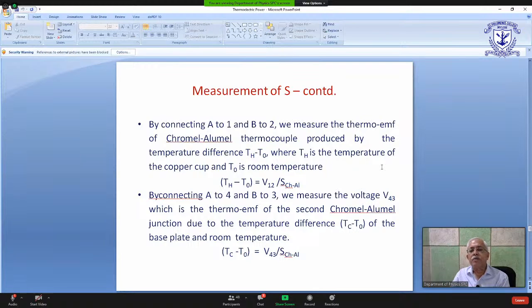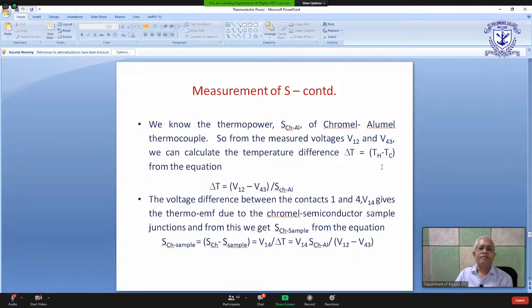It is not room temperature. Okay, so between the temperature of this copper block and the room temperature, you have a temperature difference, which is given by the equation Tc minus T0 is equal to V43, the potential difference measured for the second junction, divided by the Seebeck coefficient for chromel alumel. So notice that in both cases seen here, the Seebeck coefficient is for chromel alumel junction.